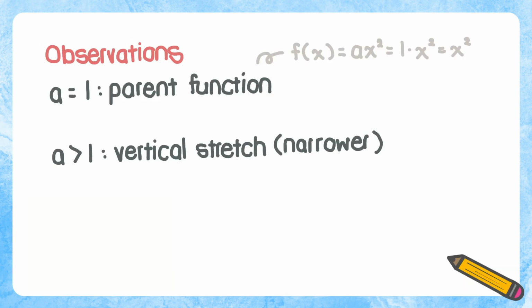So when a is greater than 1, we have a vertical stretch. The graph becomes narrower. It would look something like this, where the graph is more narrow compared to the parent function.